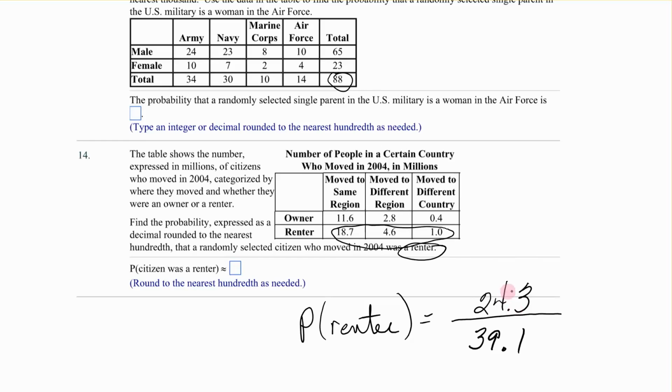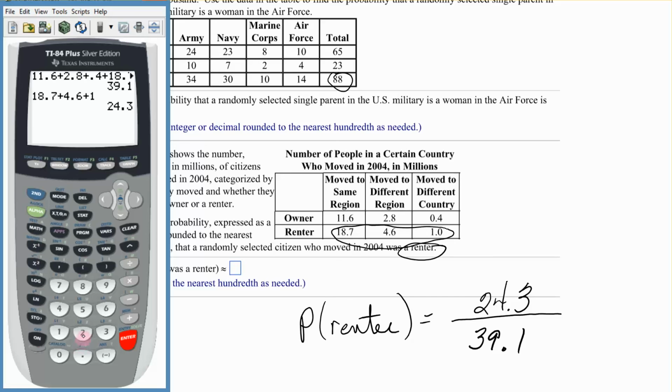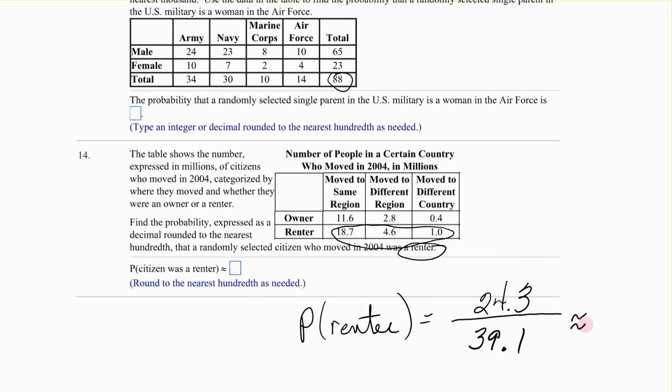Okay, this is renters. This is everybody that moved. So 24.3 divided by 39.1. And I'm supposed to round to the nearest hundredth. And so that is approximately 0.62.